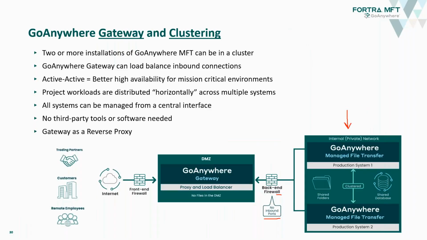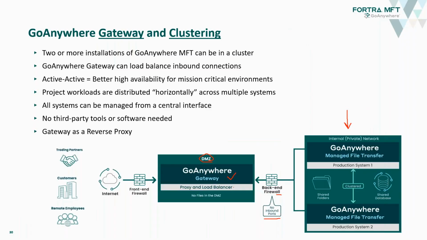So the key thing here is, to your left, you have GoAnywhere Gateway. This would be installed on a DMZ server. This DMZ server could be a Linux or Windows server that is external facing. So you do allow users to connect using certain ports, probably the more obvious ones with defaults, like secure FTP with port 22.